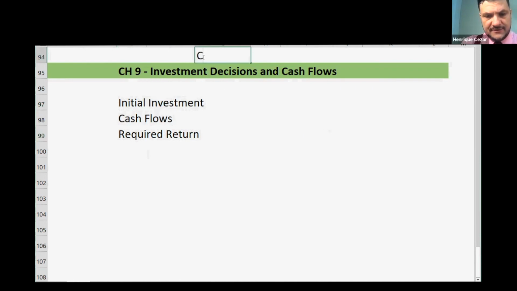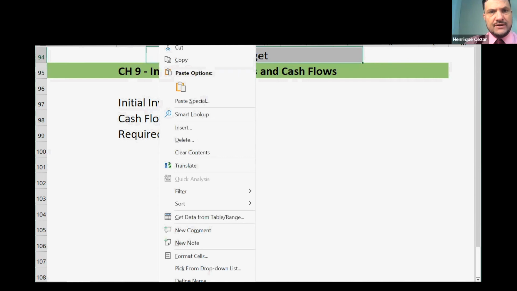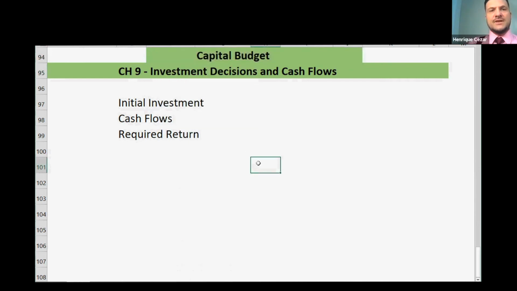That's the branch of finance that studies or addresses the NPV and the cash flows, okay? Capital budgeting will be the topic in chapter 9, investment decisions and cash flow under capital budgeting.